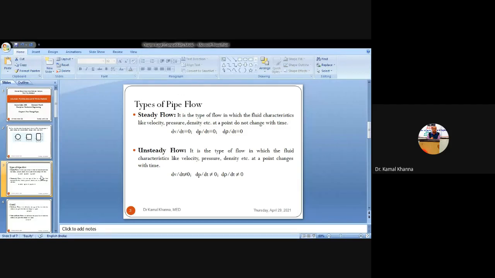The flow in which the fluid characteristics like velocity, pressure, density at any point do not change with respect to the time. That is, if you are considering a pipe from which the fluid is flowing and you are measuring the value of the velocity, pressure, or the density, and after a certain time you again measure these features of the fluid, then they remain same.